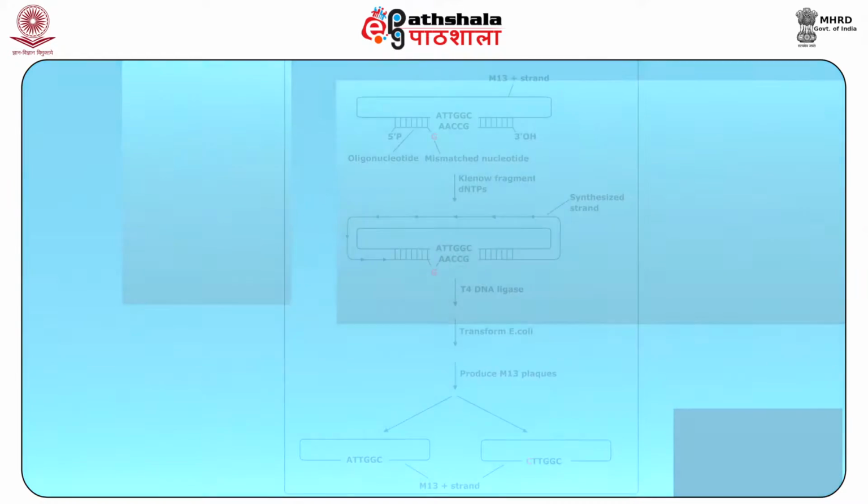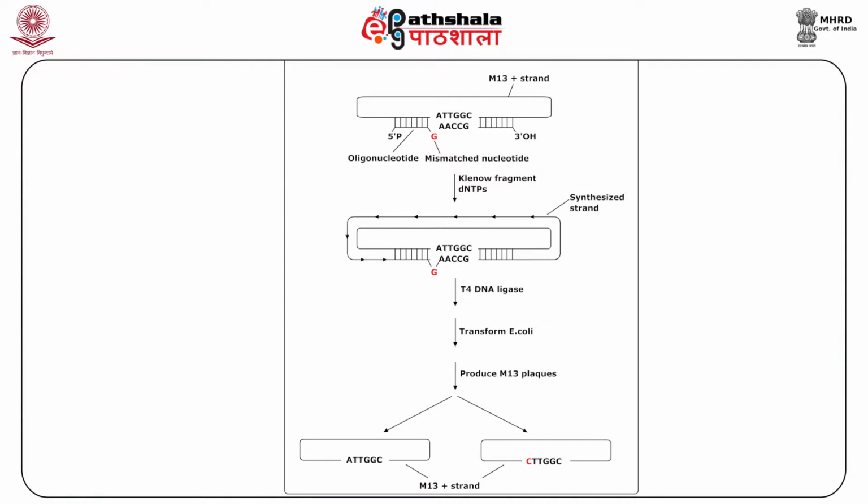It is mixed with oligonucleotides harboring a stretch of DNA with a mismatched nucleotide at one location. In this figure we can see that TTA codes for leucine. Now we want it to be modified into isoleucine, so it can be modified to ATA, which is the codon for isoleucine.